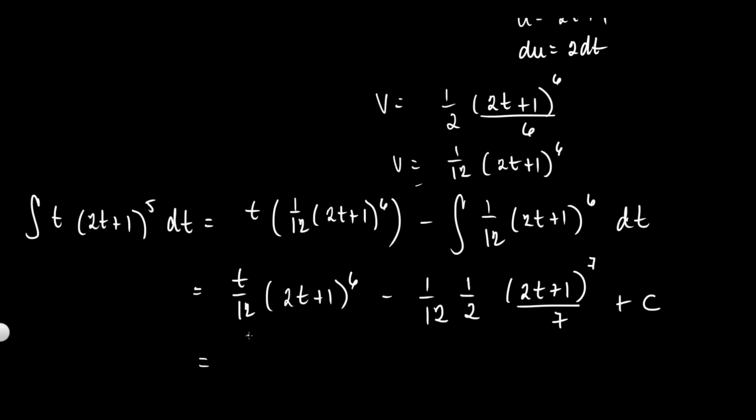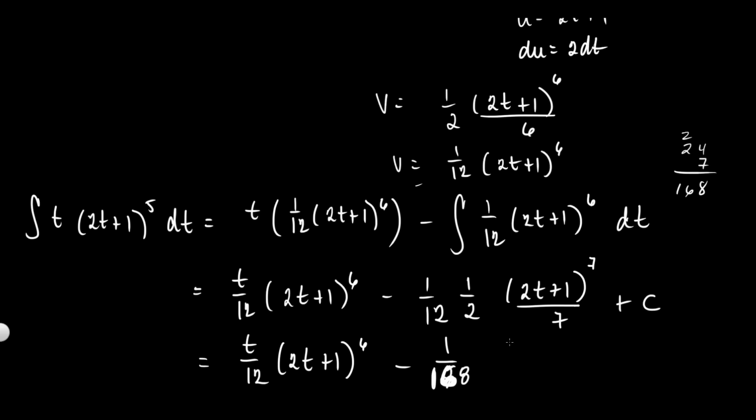So this is now equal to t over 12 times 2t plus 1 raised to 6 minus 1 over 24, or we can also multiply by 7. What's 24 times 7? 168, no? So 168. Okay, it's up to you. 168, times 2t plus 1 raised to 7 plus c.